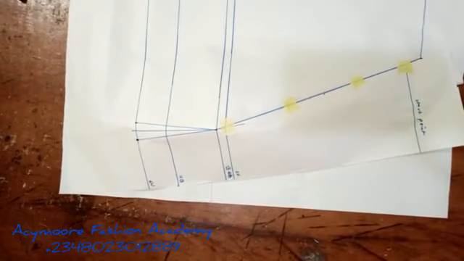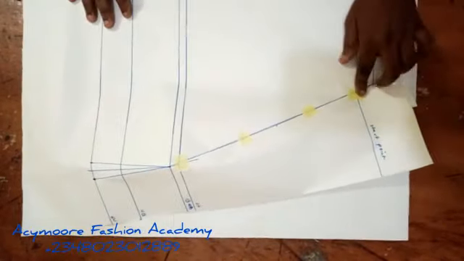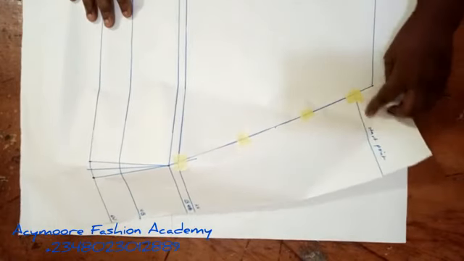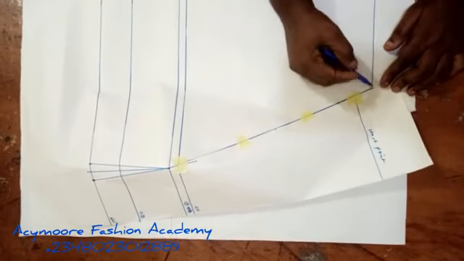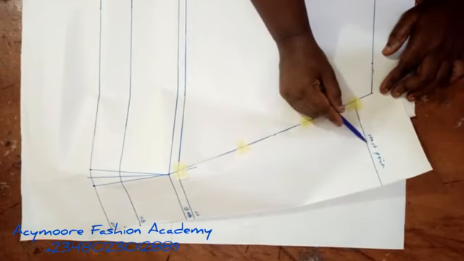So once I've done this, I'm going to extend. You can see that this line no longer tallies with the line we started with at first. Now we have another line.